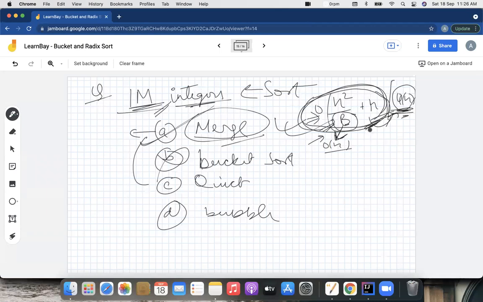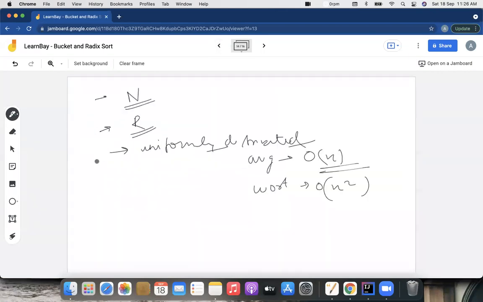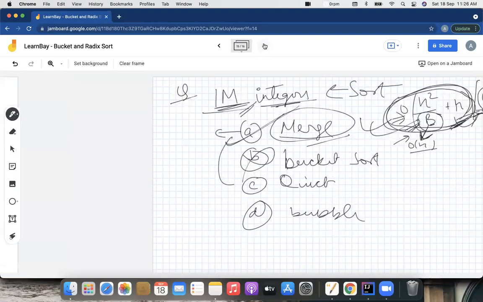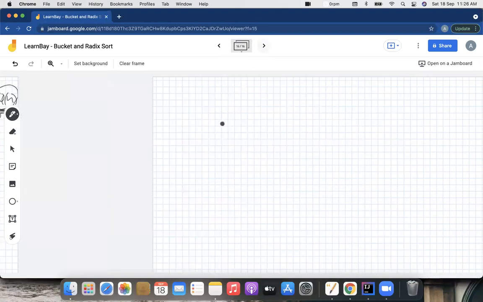Hope that answers your question. And short answer, yes, you can use them interchangeably. If you are able to use a single element bucket to solve the problem, obviously these three conditions have to be fulfilled. You should know the number of elements, you should know the range, they should be uniformly distributed. Then you can use bucket or count sort and you can solve your problem. That's the short answer.